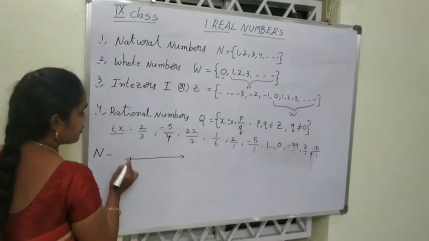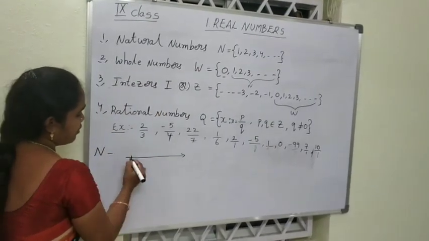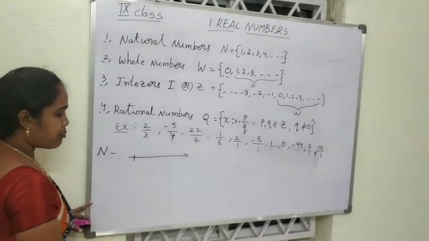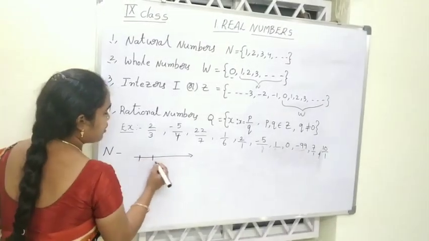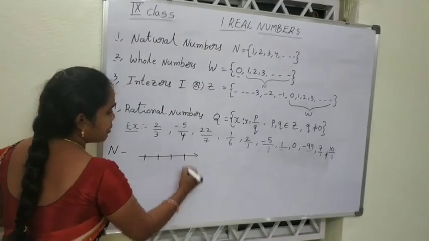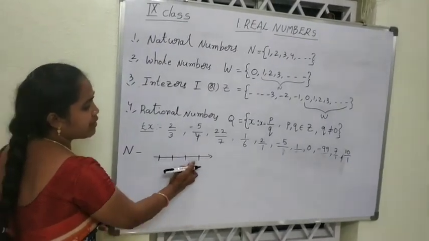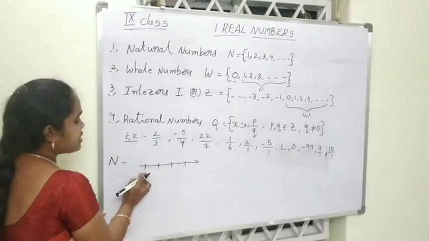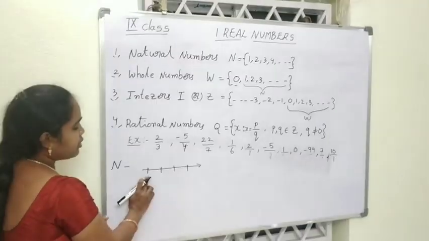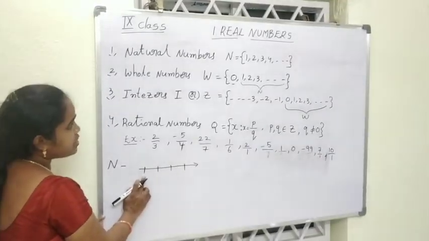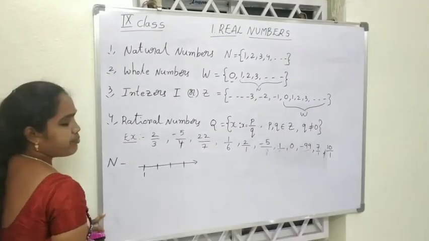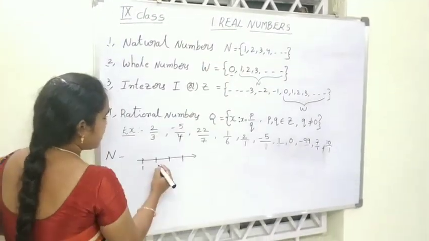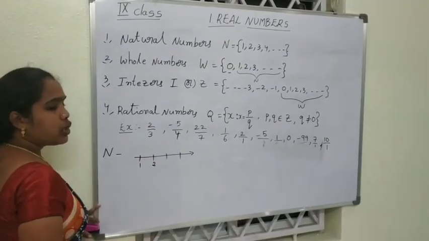First you take the marks and maintain equal distance: first mark, second mark, third mark, like that. At the first mark we have to write a number. What is the starting number in the natural numbers? 1, yes. Next, the second mark as 2.